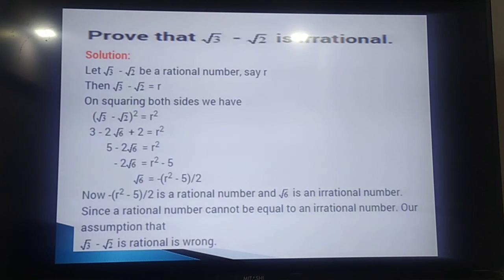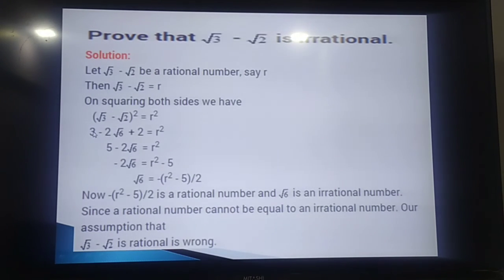Now there are problems like this: prove that root 3 minus root 2 is irrational. Again we have to start with the same contradictory statement. We have to prove this, provided that root 2 and root 3 both are given as irrational. So what we do, we put root 3 minus root 2 equal to r.